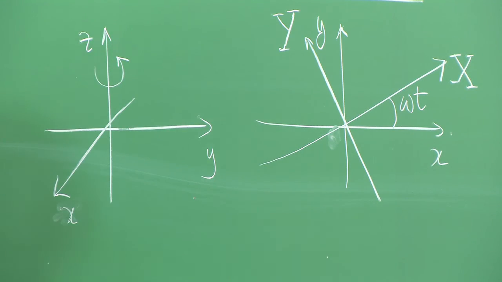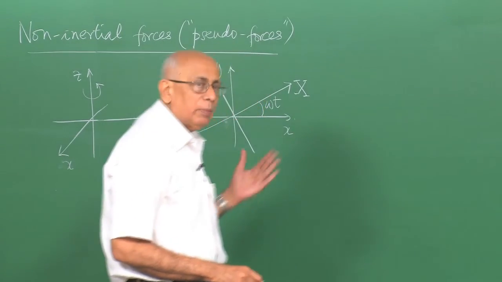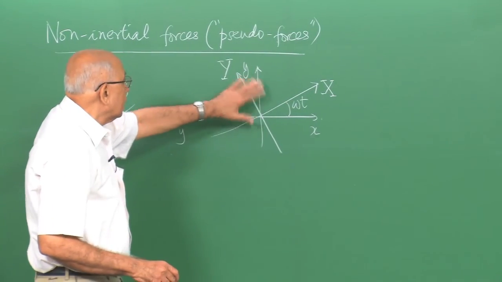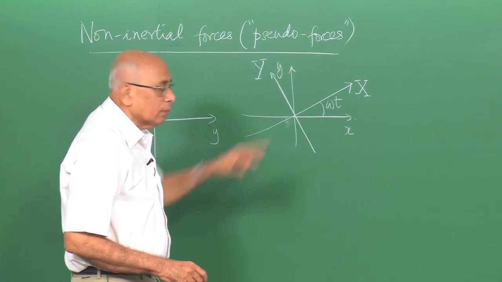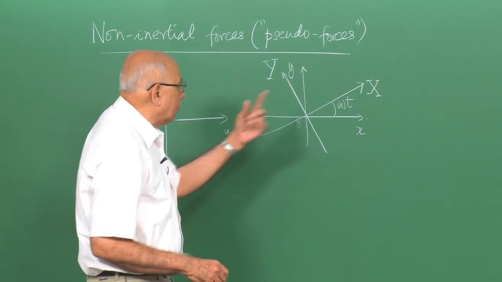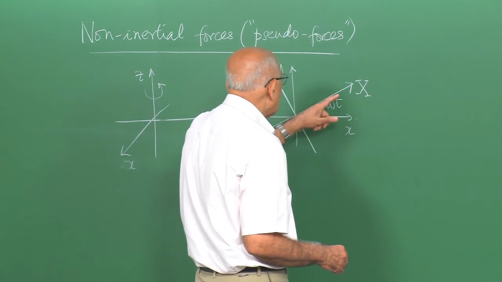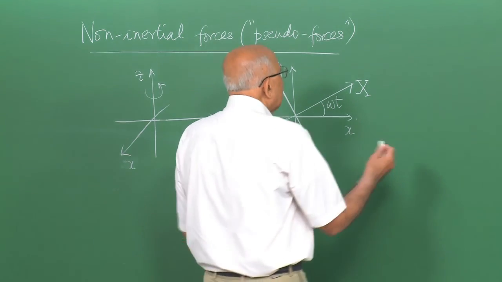And then the question is, if I give you a mass m and it is undergoing some dynamics in the xy plane, what does it look like if looked at from the coordinate system with the capital X and capital Y, which are changing with time. So the way to transform from little x to capital X and capital Y is the familiar one.